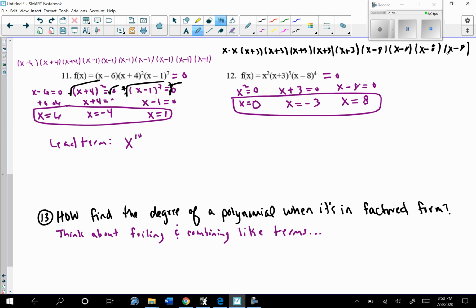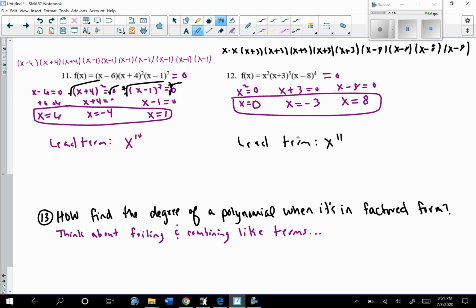Again, the nice thing about this one is all the coefficients in front are 1. If it wasn't 1, then you would just multiply those numbers. So we have 1, 2, 3, 4, 5, 6, 7, 8, 9, 10, 11 x's. So if I did this one, the lead term would be x to the 11th.